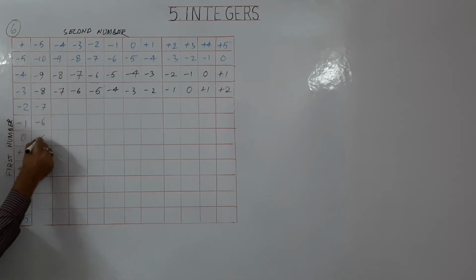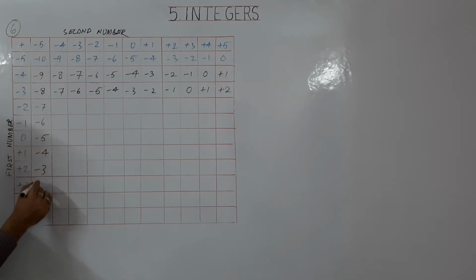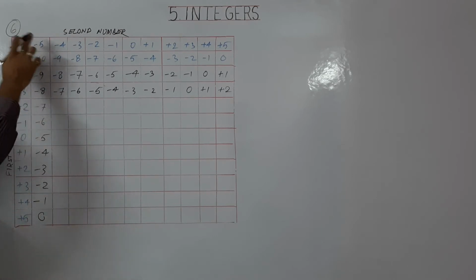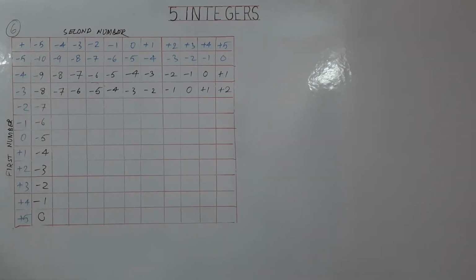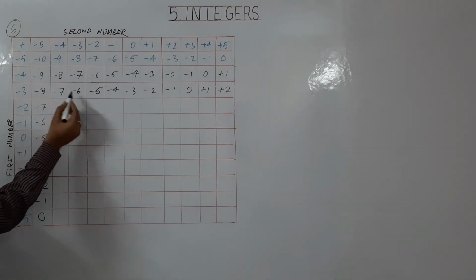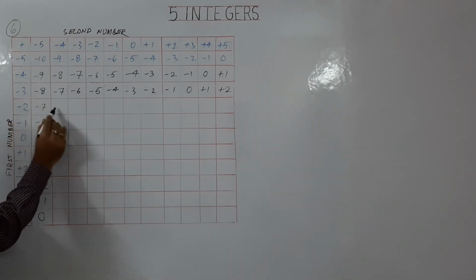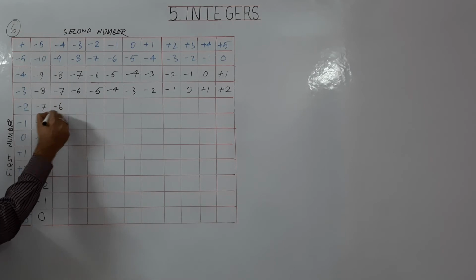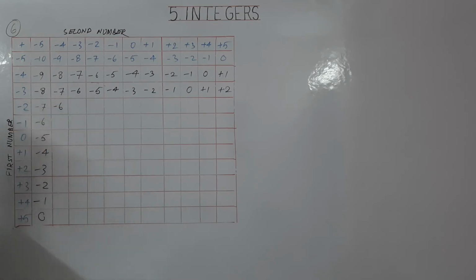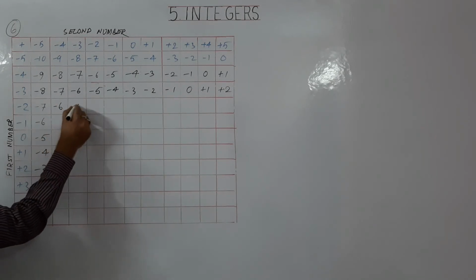So minus 5, minus 4, minus 3, minus 2, minus 1, and must be 0. Plus 5, minus 5, yes. And horizontally, after minus 7, minus 6. Minus 2, minus 4 is minus 6, yes. After minus 6, next is minus 5. Minus 2, minus 3, minus 5, yes.